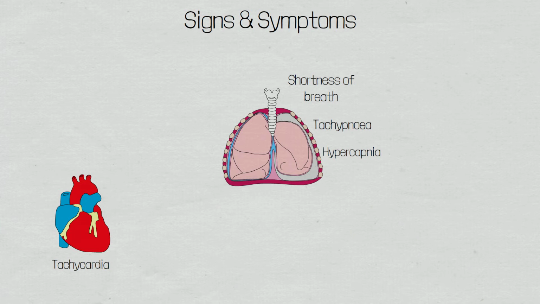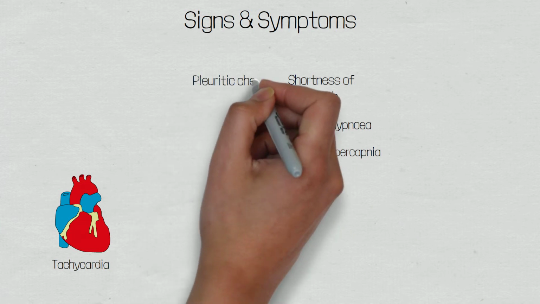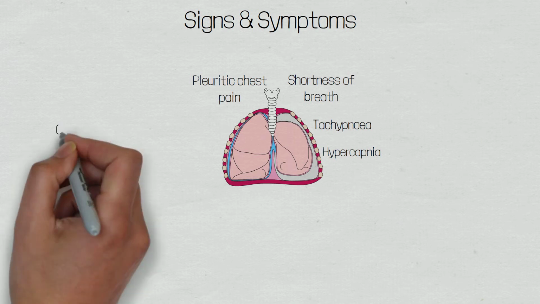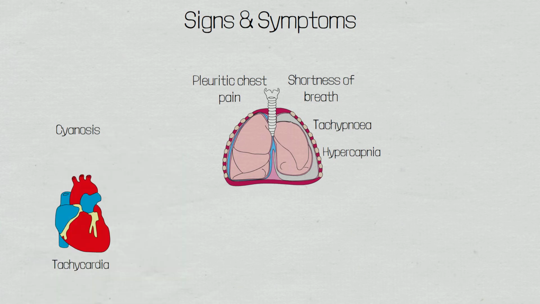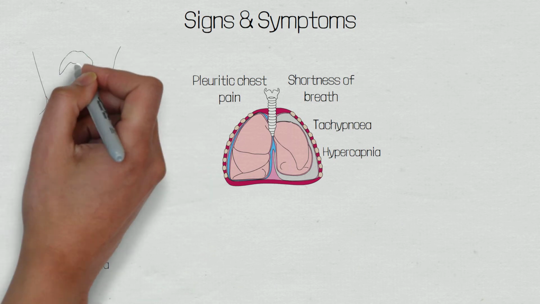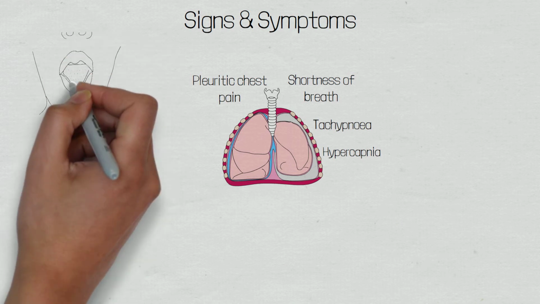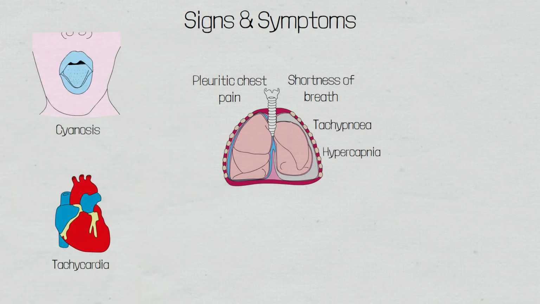Patients may also have a pleuritic chest pain due to injury and pressure being placed on the pleura. Patients may have cyanosis, which is a blue discoloration which can be seen centrally, such as the lips or tongue, or peripherally, such as the fingers. This is caused by a lack of oxygen bound to red blood cells.